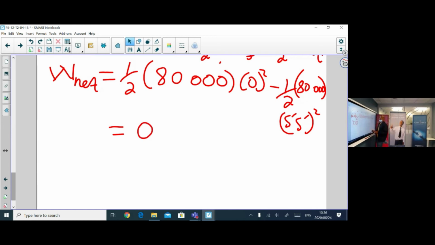You are going to get minus 80,000 multiplied by half, multiplied by 55 squared, which is minus 121,000,000.